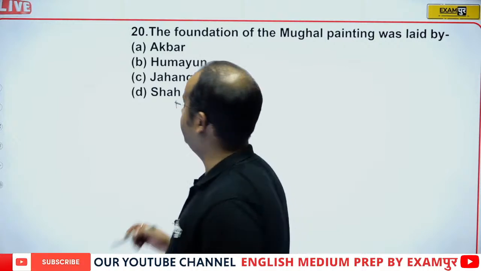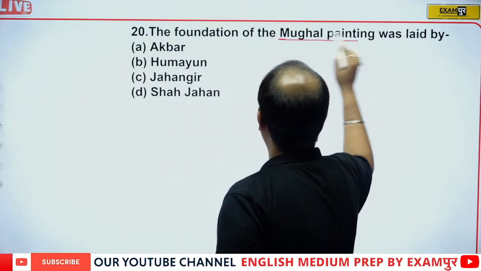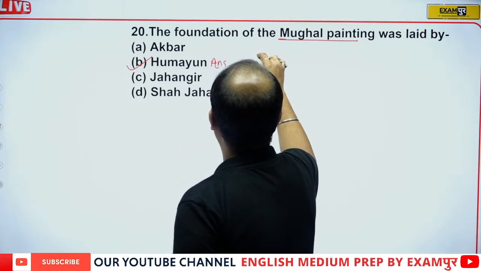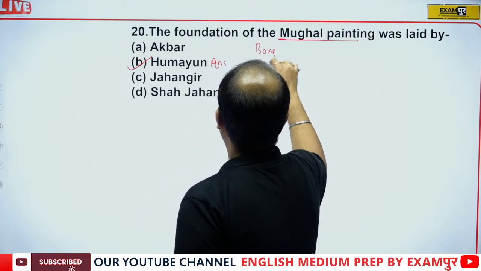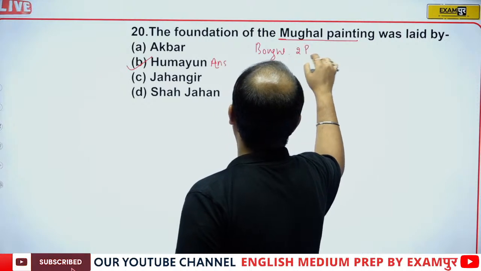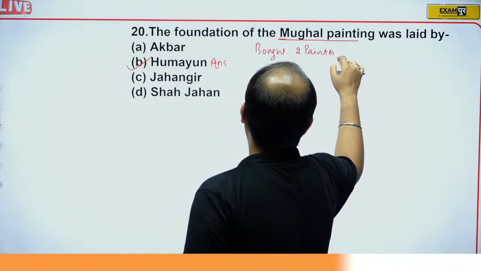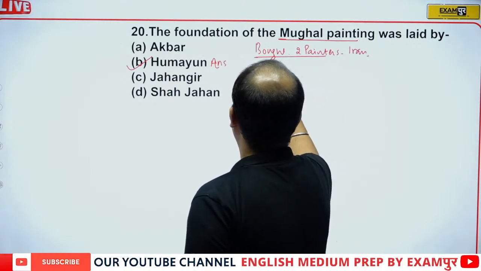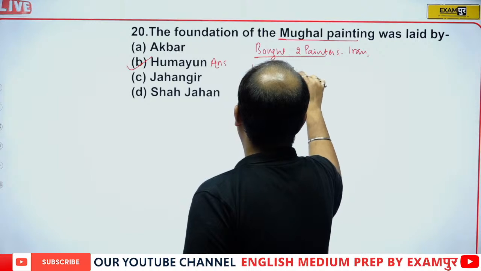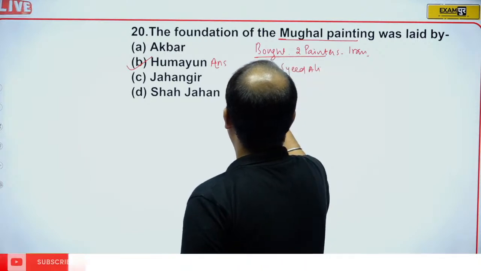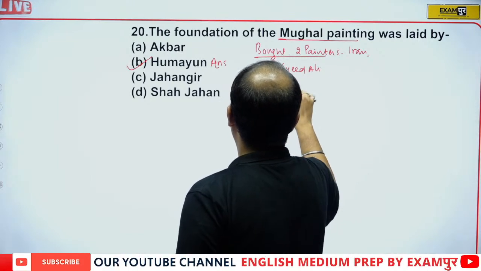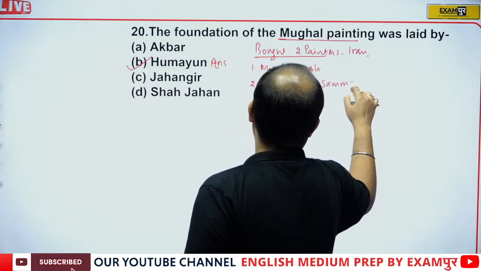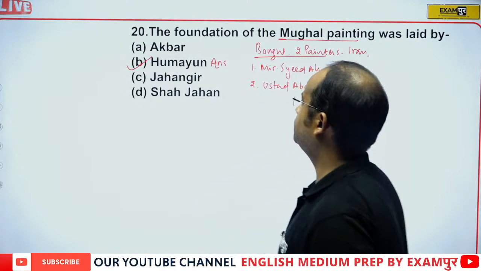The Mughal painting started during the time of Humayun, because Humayun brought two painters from Iran, Mir Sayyid Ali and Ustad Abdul Samad.